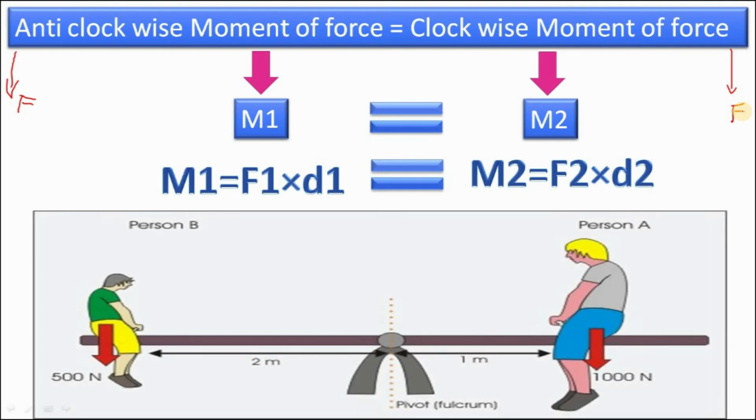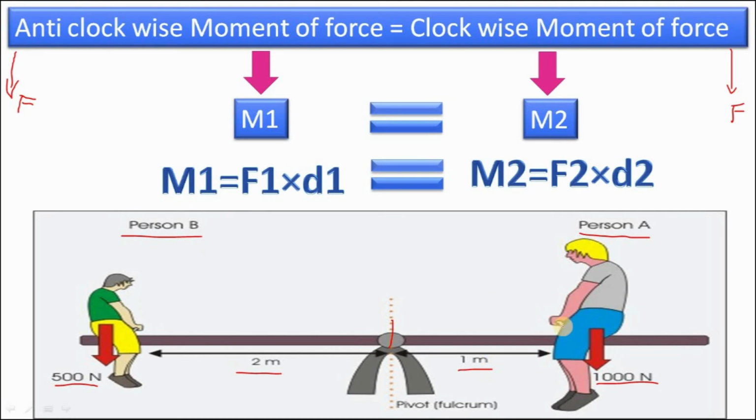Let's check this example. Person A and person B are different in their weights. Here you can observe person B applies 500 newtons and his sitting position is 2 meters from the pivot, and person A applies 1000 newtons and he is 1 meter away from the pivot.